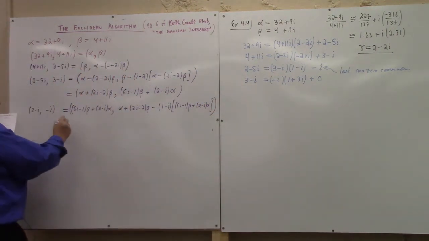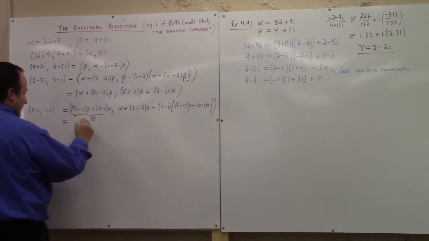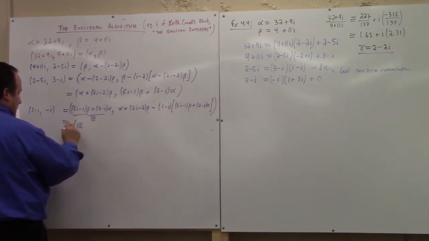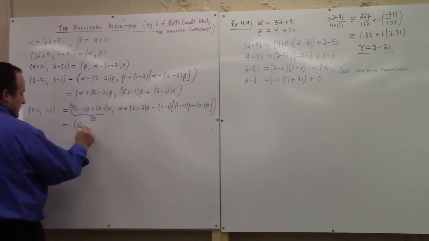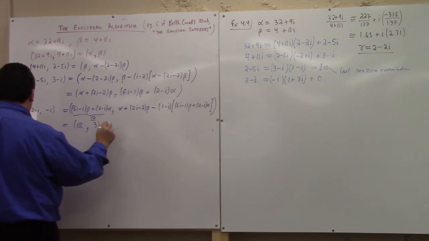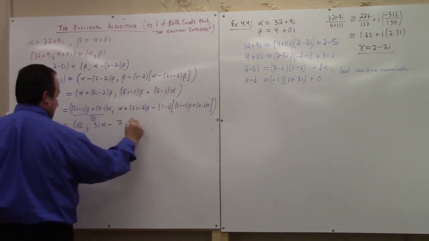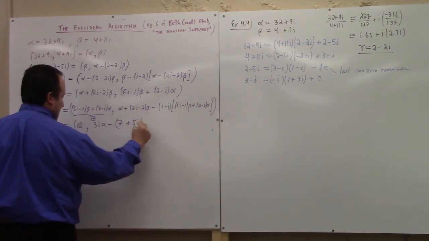And you simplify. And what you get is, I'm going to call this thing Pac-Man. So you get Pac-Man, which I still don't care what it is. Whatever it is, whatever. The more interesting thing is what goes over here, which simplifies to 3i alpha minus 7 plus 5i times beta.